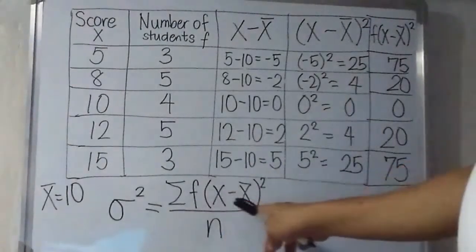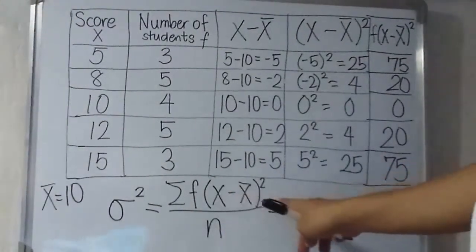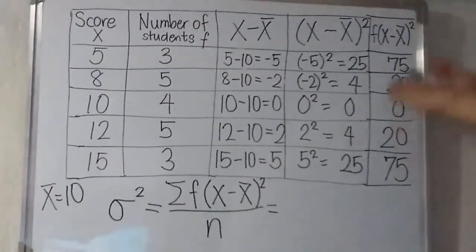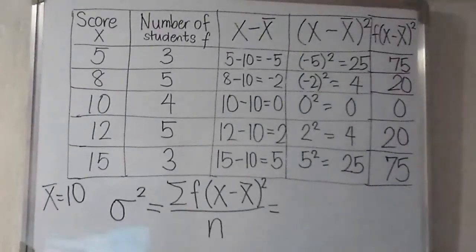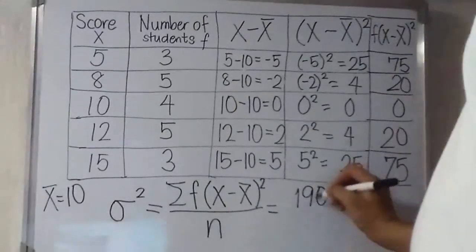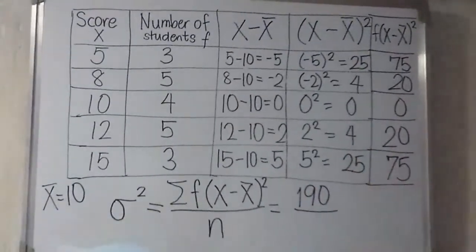So this one, the summation of f times (x minus x bar) squared. We shall now find the sum of this column. The sum, 75 plus 20 plus 0 plus 20 plus 75 is 190, divided by n.